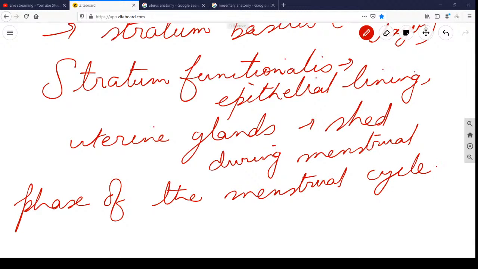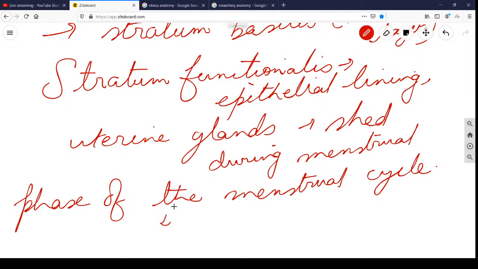Now, the underlying stratum basalis is not shed during menstruation, but it contains blood vessels that produce part of the menstrual flow. After menstruation is over, the stratum basalis gives rise to a new stratum functionalis.